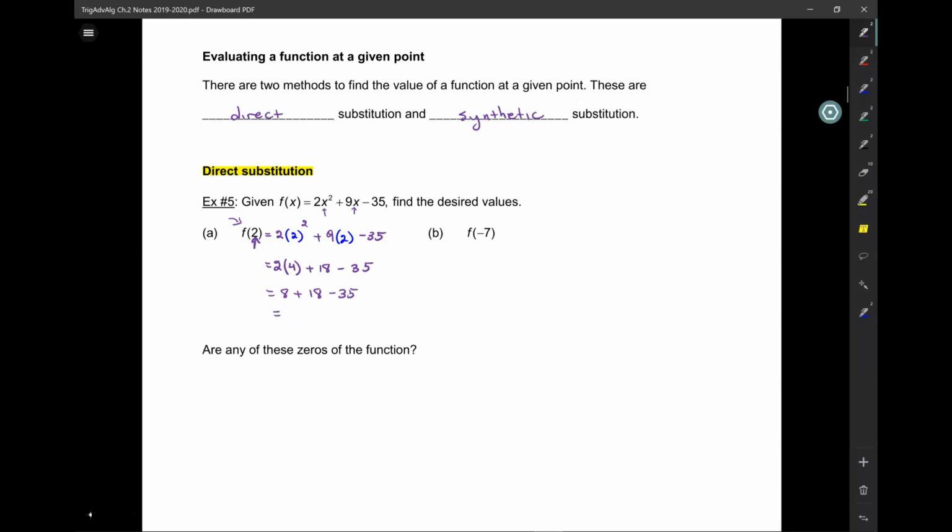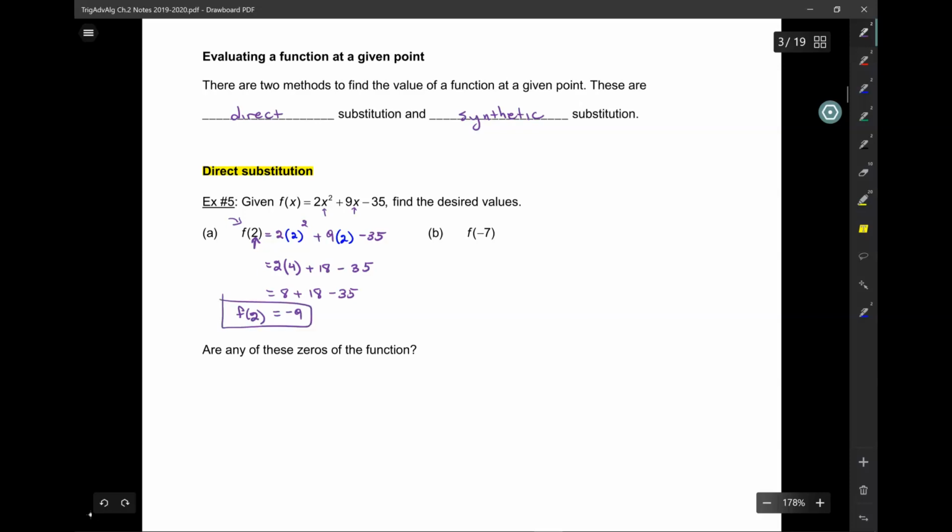And for these, if you do want to use your calculator, you can. Okay, just be careful. Sometimes all it is is a little wrong calculator keystroke, and then the whole thing just comes out wrong. So this is going to be -9. So I say f of 2 is equal to -9.